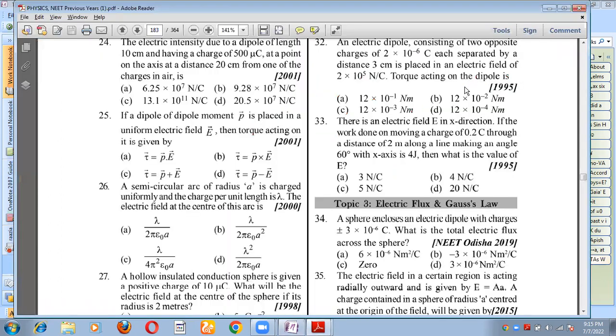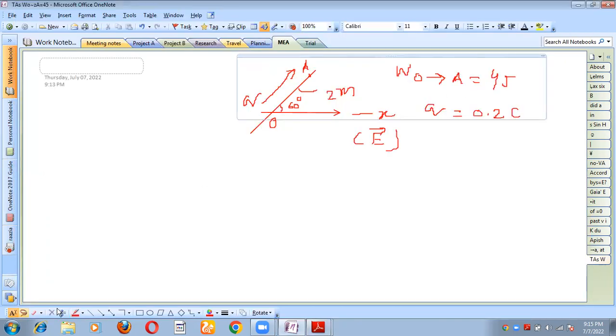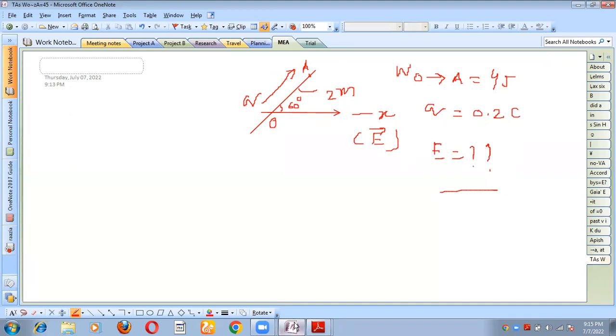If you see the value of charge given as 0.2 coulomb, we have to find the electric field. What is the value of electric field? Any concept comes to mind, you can tell me how to solve this question. You can express your ideas.